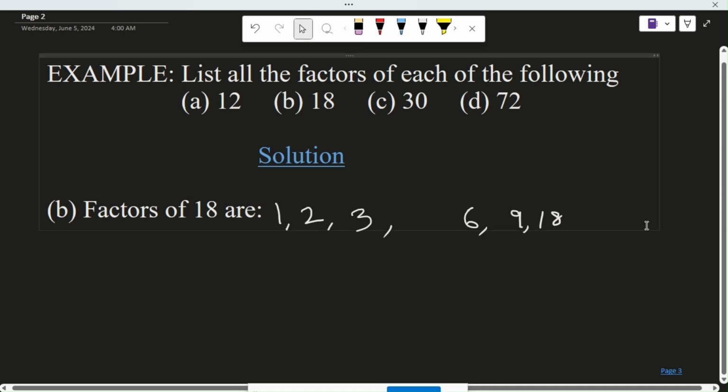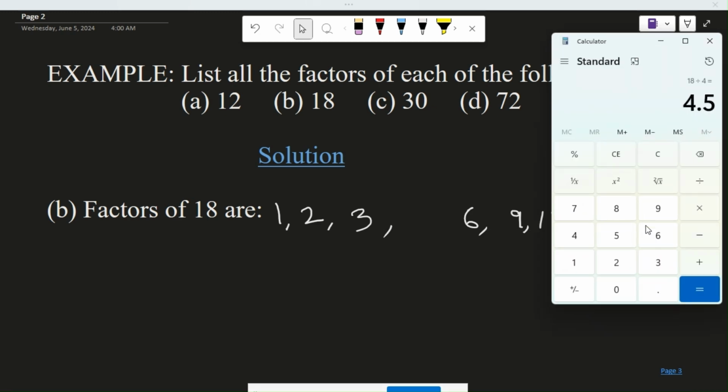Let's test that. If you use 4, you have 18 divided by 4, you will have 4.5. This is not a whole number.